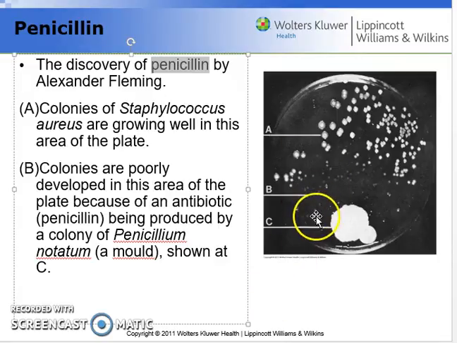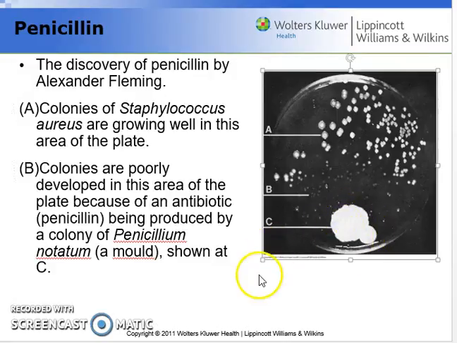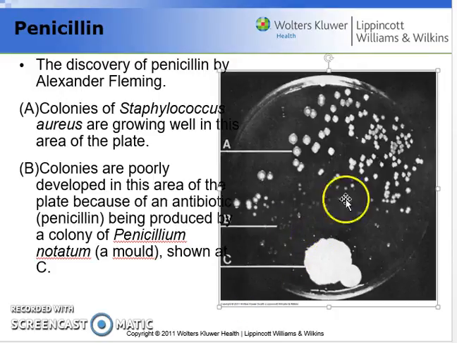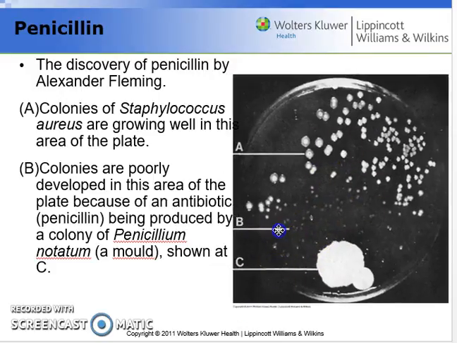On this particular plate, you can see colonies of Staphylococcus aureus, which are all these little colonies all over. You can also see a penicillin colony, which is a fungus. The picture's not very good because it's black and white, but you can tell it's the fungus because it's larger than the bacterial colonies.